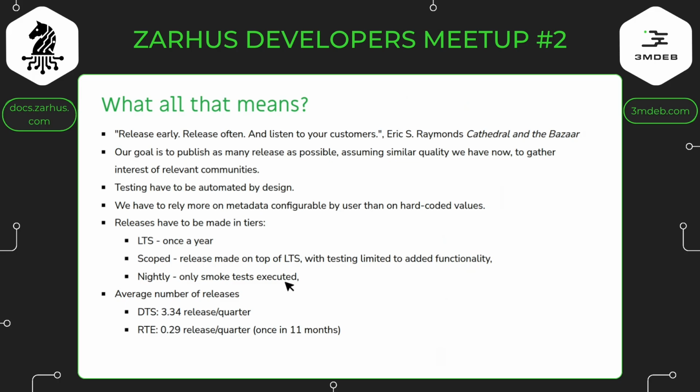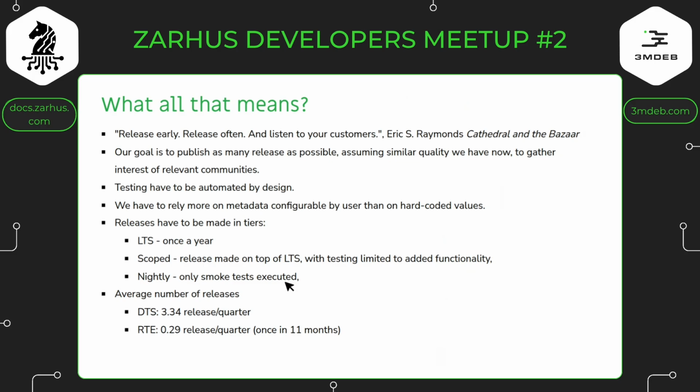The question is how that can be done. Of course, one thing is that the tests have to be written with automation in mind, so testing has to be automated by design. And it would be great if we could rely more on metadata, configurable even by the user, not on hard-coded values. I know DTS is going in that direction, that's very good, but we should always remember, if we are, for example, doing the provisioning box or Zarhus BMC, Zarhus WRT, to keep this separation of configuration and implementation.